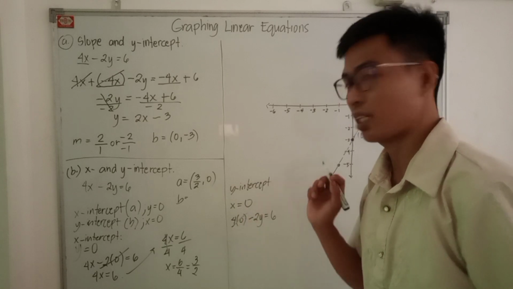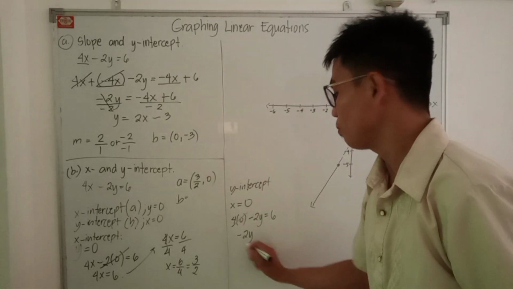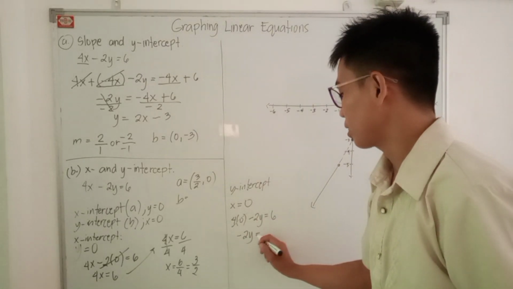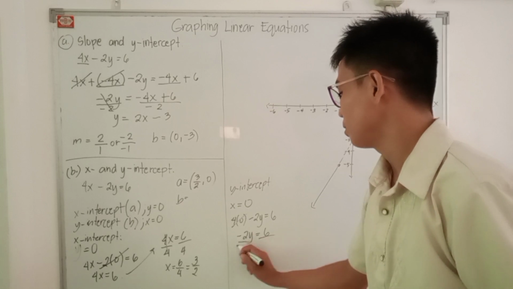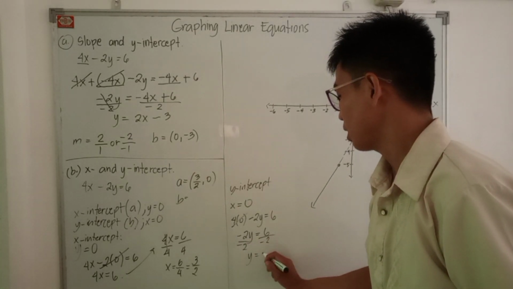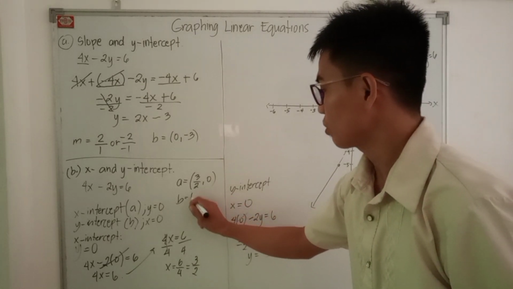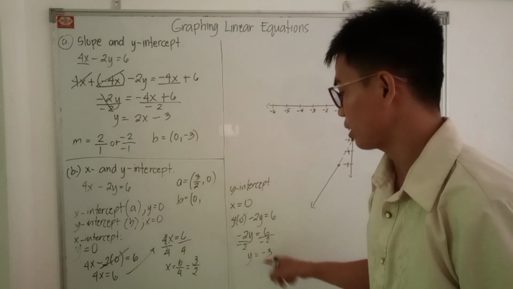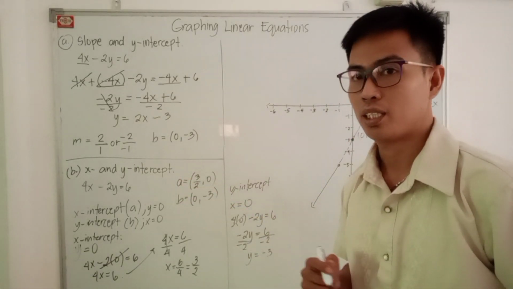Then, cancel na yung 4 times 0 since 0 yung sagot. And we will have negative 2y equals 6. Then dividing both sides by negative 2, the result is negative 3. So since x is 0, so 0, and our y is negative 3. And that is the x and y intercept.